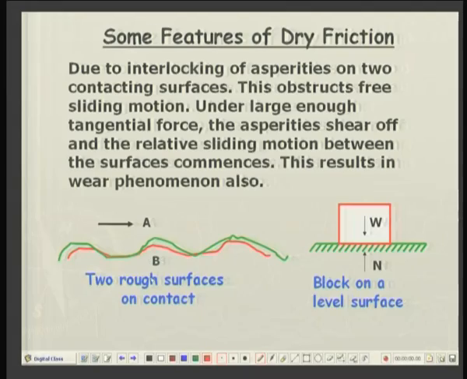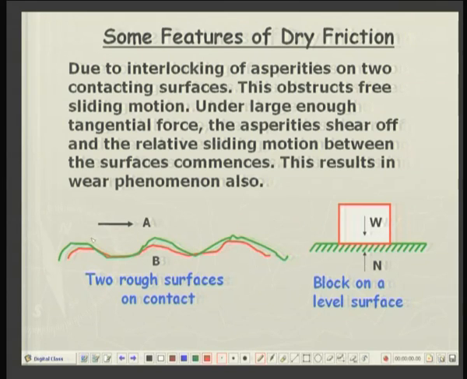Here I have shown two bodies A and B, and near the contact point we have enlarged the profiles of the surfaces. One profile, shown in green, is given over here, and the other profile of the surface is B.